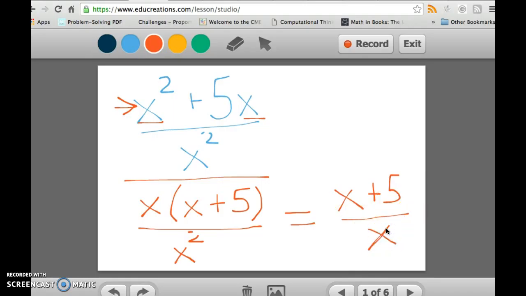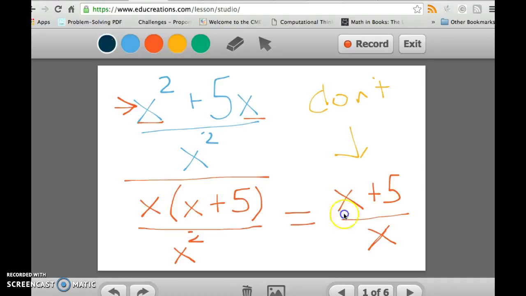So that's getting it to simplified form, and that's as simple as I can get it. Now, what a lot of people want to do, so don't do this, is cancel the x's in x plus 5 over x. You can't do that, because you can divide out common factors, but you can't divide out common terms.